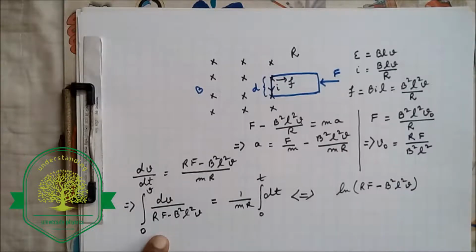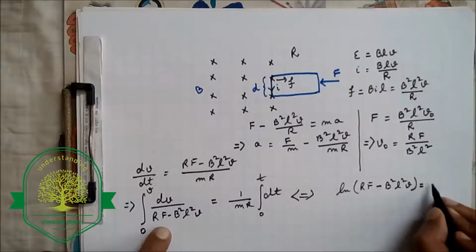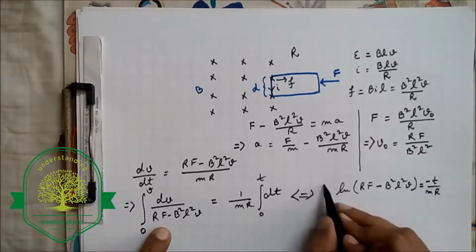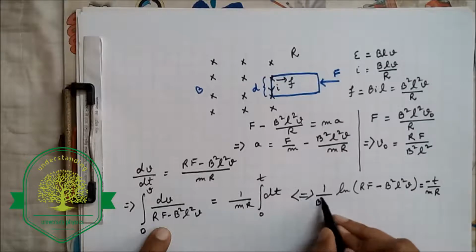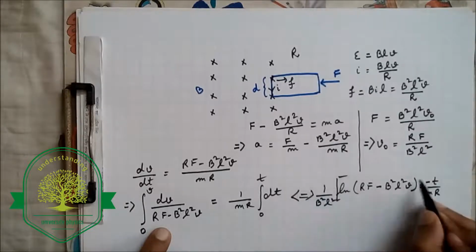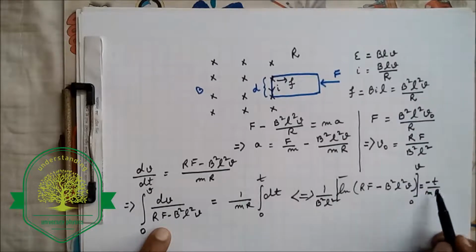We will have to divide by the coefficient of v, which is minus b square L square. So let me write the minus on that side. So minus t over mr, and there's a 1 by b square L square here. I still haven't substituted the limits, which are from 0 to v, and I've already substituted the limits here. T minus 0 is just t.